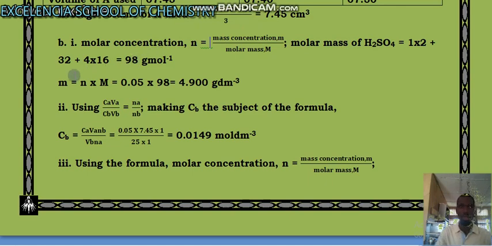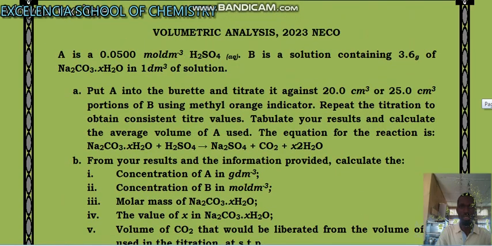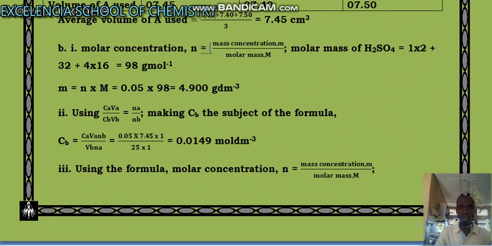Then making M the subject of the formula, we have M equals n times capital M, which from the equation is 0.05 mole per dm cube, multiplying the molar mass, which gives us 4.900 gram per dm cube.